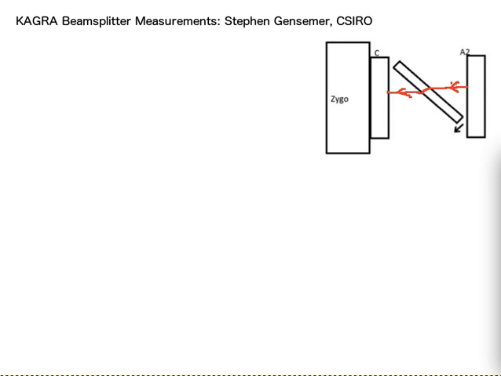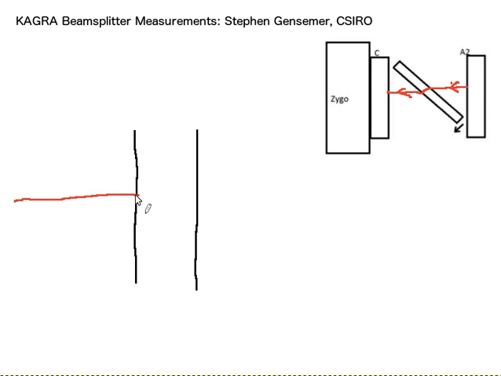So first of all, let's think about a beam splitter when you're using it in normal incidence. So let's take an optical flat, and it's not going to be precisely flat, but when we do our normal incidence measurements, then we have a laser that comes in here.